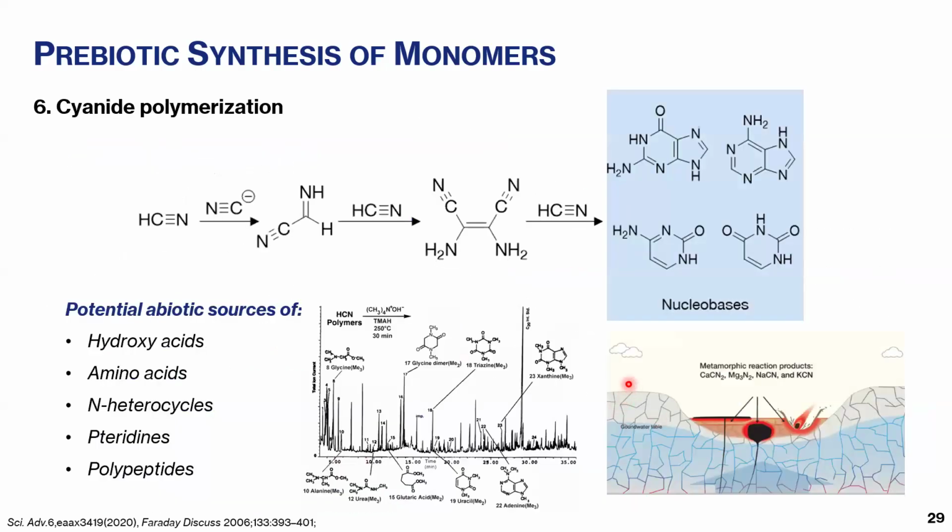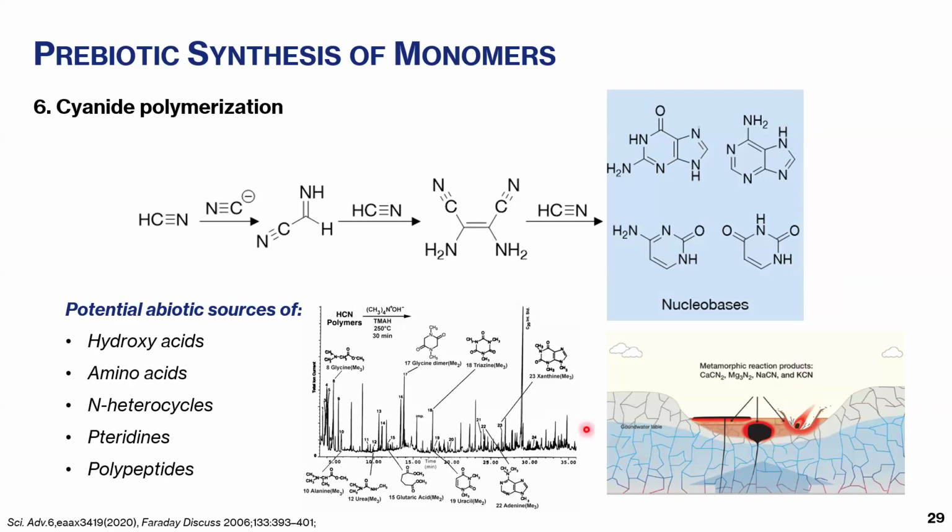And then the cyanide polymerization. Hydrogen cyanide is a weak acid, so it can undergo polymerization to generate hydroxyl acids, amino acids, and N-heterocycles. Sufficiently high HCN concentrations would be difficult to achieve on early Earth, especially considering the high reactivity of the cyanide ion with aldehydes. Solutions containing lower concentrations undergo hydrolysis to form formamide and formic acid.